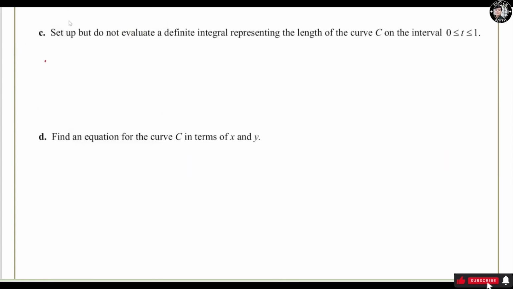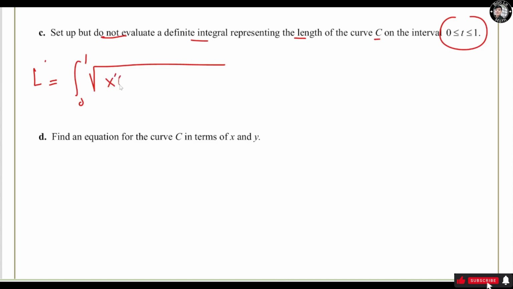Now question C, set up but do not evaluate a definite integral representing the length of the curve C on the interval 0 to 1. So remember you have the formula: the length equals the integral from 0 to 1 of the square root of x prime of t squared plus y prime of t squared dt.